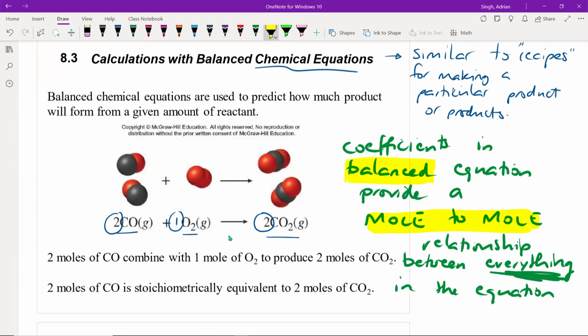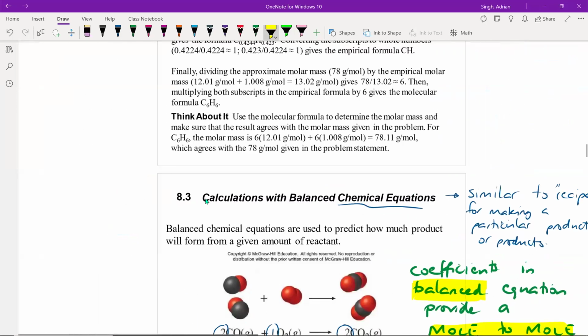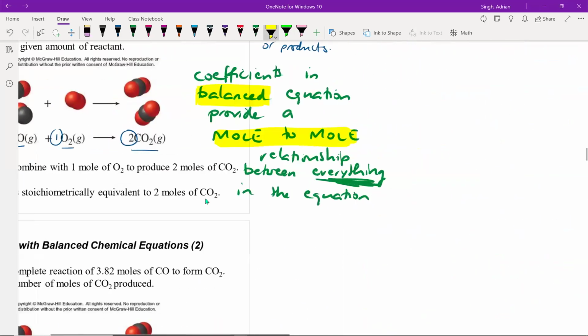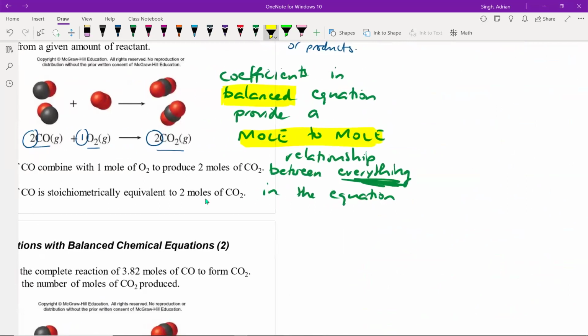So, for example, the way I would find this balanced equation useful, once it's balanced, is as follows. I can relate any two things in this equation as long as I have my balanced equation with the coefficients.